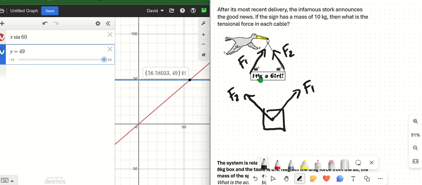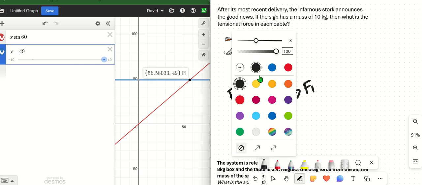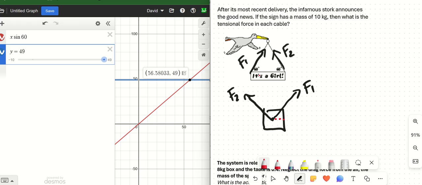So I want to look at F1. This is going to be F1 cosine, and now my angle is 60 degrees, so cos 60, or I guess it'd be this one right here, cos 60. And then I'm going to have F1 sine 60. Now I broke it into its components.